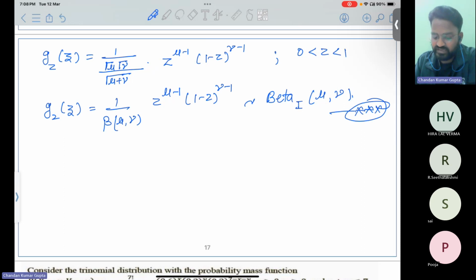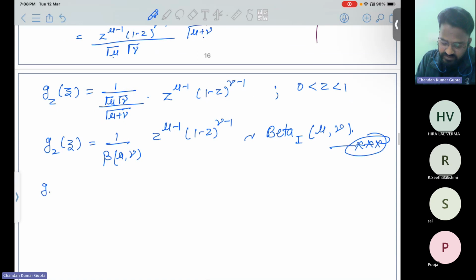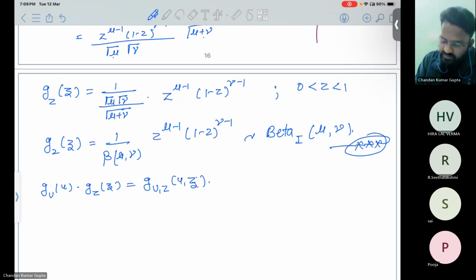And you may see, if you check, when you multiply u and z, this comes out to be u z.